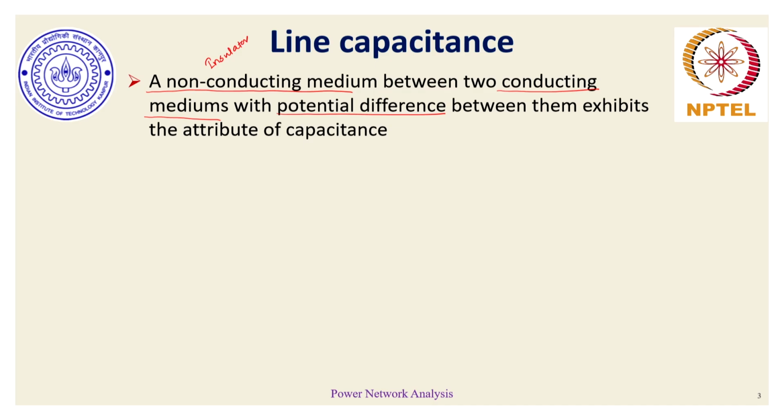If we have an arrangement where we have two electric plates, and we keep them spaced near each other, not with a large space, and if we charge these two plates, the air in between them can also act as an insulator, and eventually these two plates will also show the attribute of capacitance.